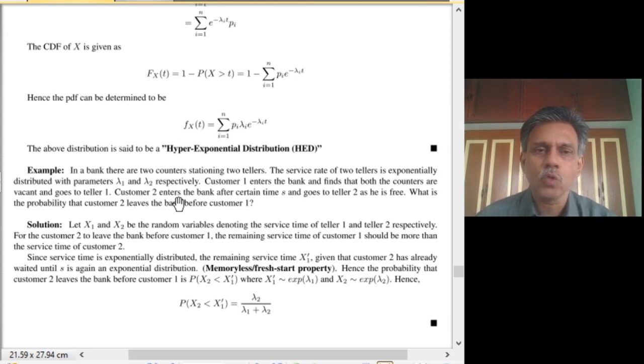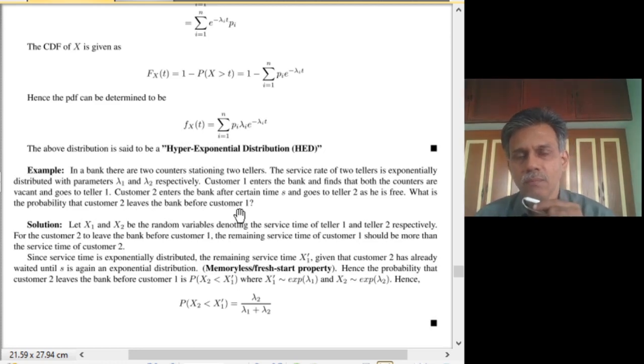Customer 2 goes to server 2 and starts the service. Now, given this situation, we would like to know the probability that customer 2 leaves the bank before customer 1. Note that customer 2 came late, only after S time units had expired after customer 1 started.